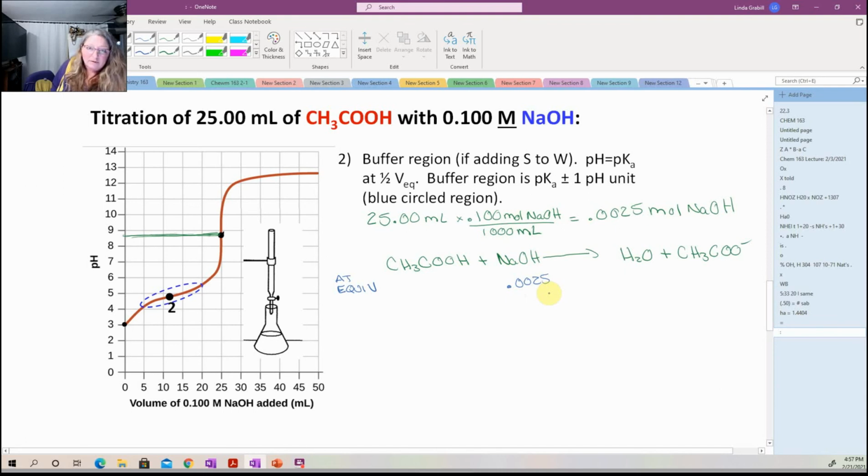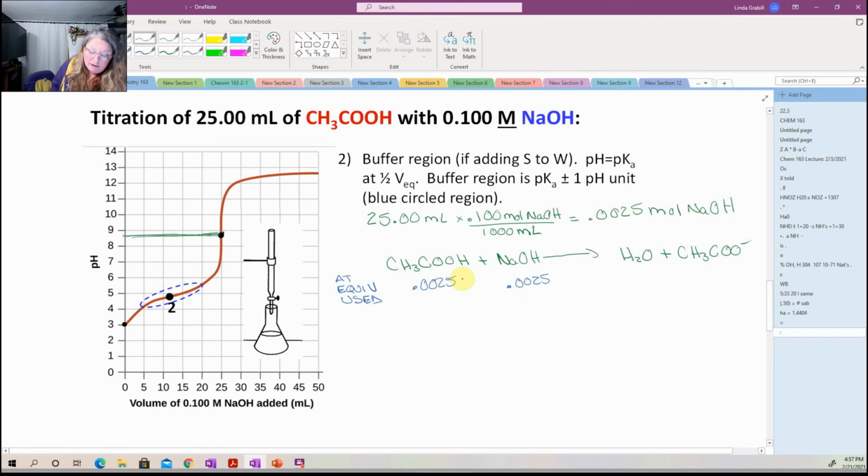So by our definition of equivalence, that means I started with, let me rewrite this, I have used 0.0025 moles of sodium hydroxide and 0.0025 moles of my acetic acid. So how do I know that?